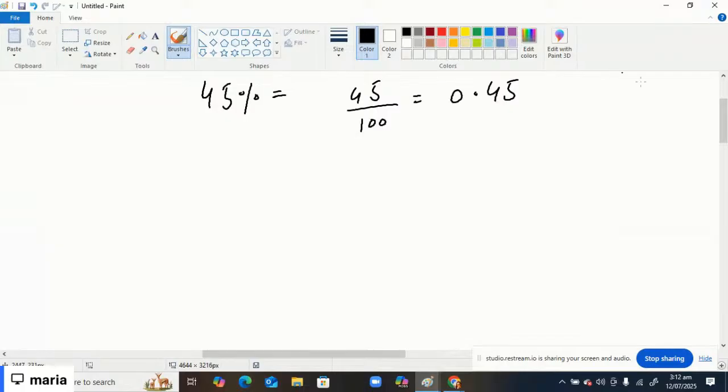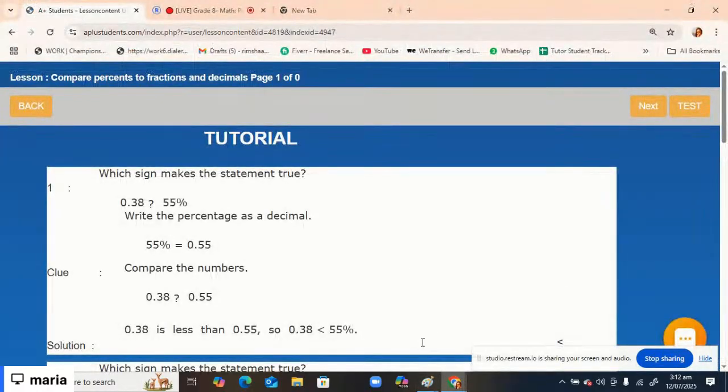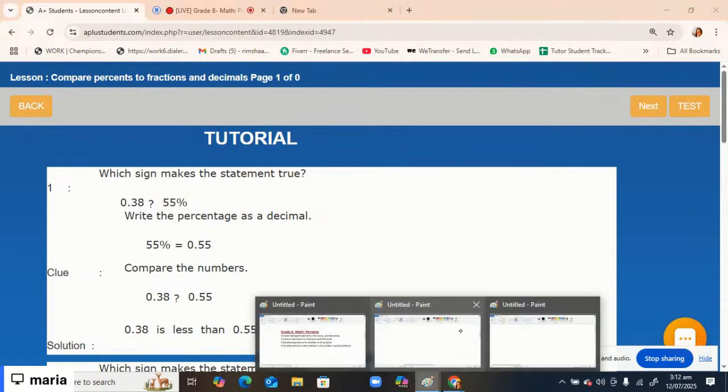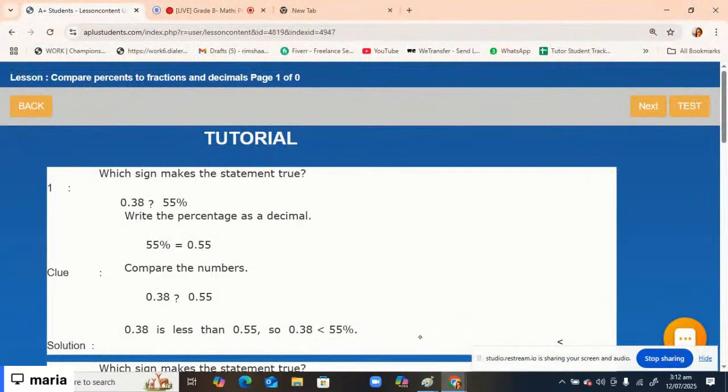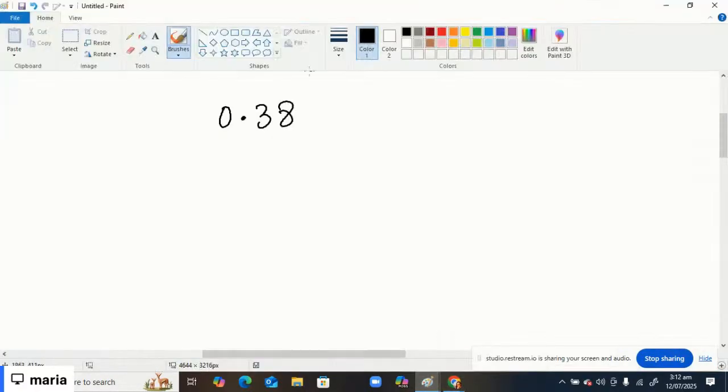Let me just write it here. 0.38, and then it's 55%. So which sign makes the statement true?